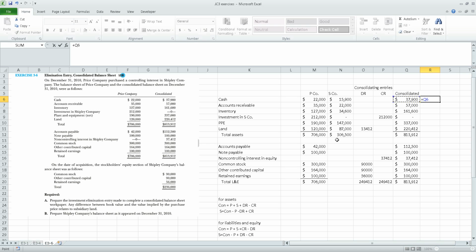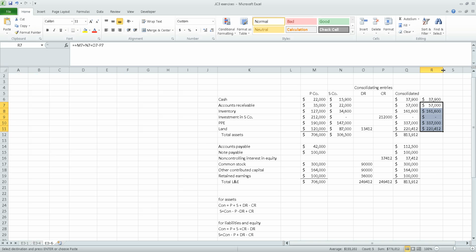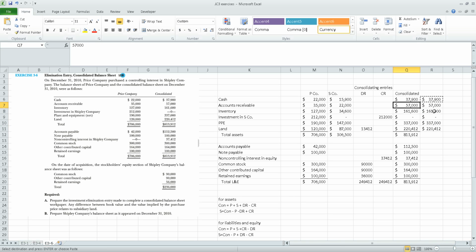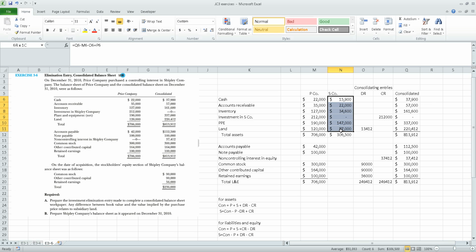So this amount plus this amount plus this amount less that amount should yield the same amount in the consolidated column. Let's see if it does. 57,000, 57,000, 161, 161, 337, 337, 220, 220. Okay, so we've got good numbers here. So we have appropriately backed into the balances in the sub's accounts.